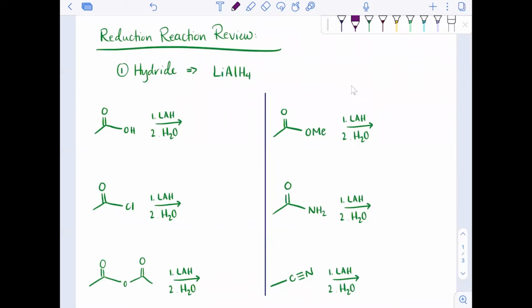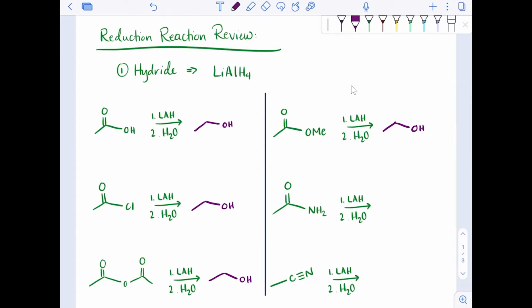Carboxylic acids with lithium aluminum hydride produce primary alcohols. Acyl chlorides also produce primary alcohols. Our anhydrides reduce all the way as well. And you guessed it, esters, primary alcohols.